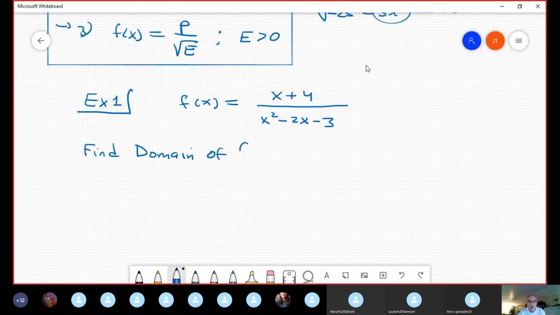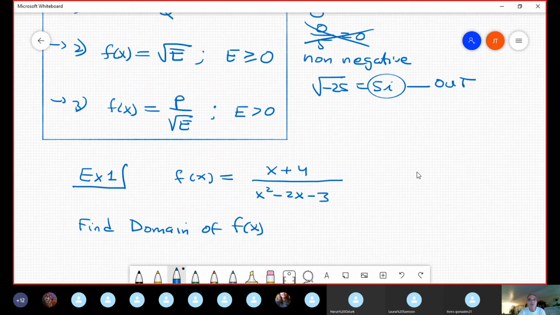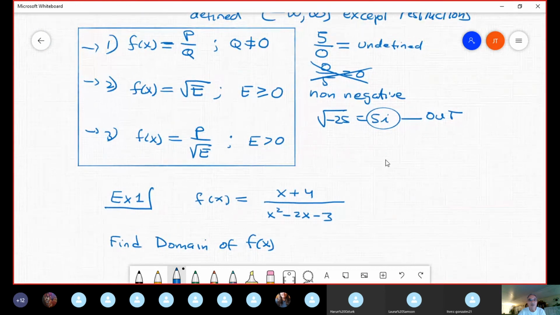I can see that this looks similar to the idea number one, which is division, P and Q. This is a division, right?